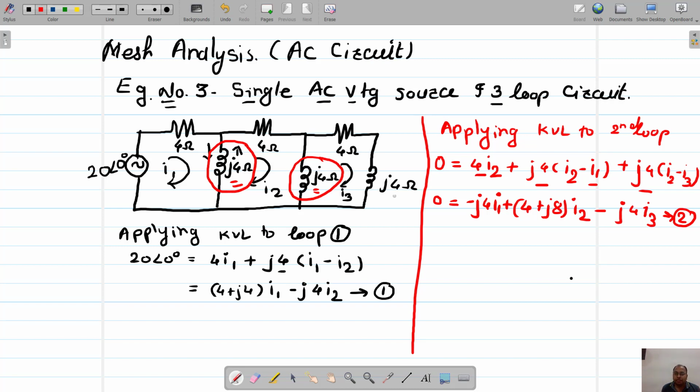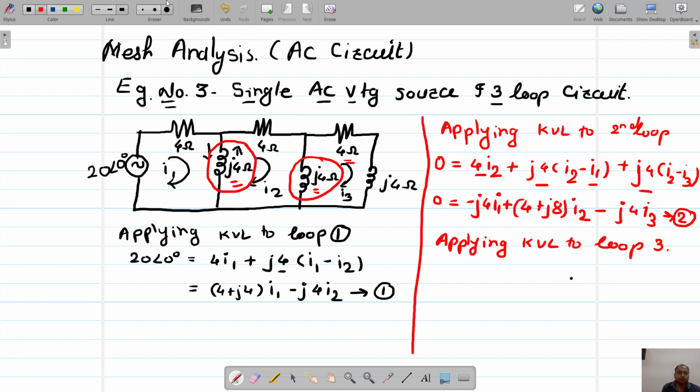Now applying KVL to loop number 3. Here also there is no voltage source.